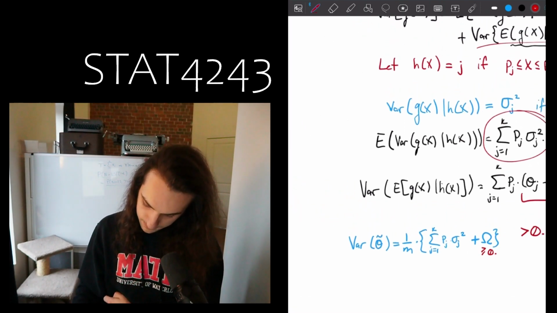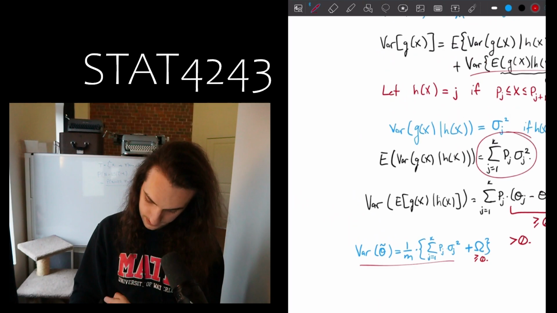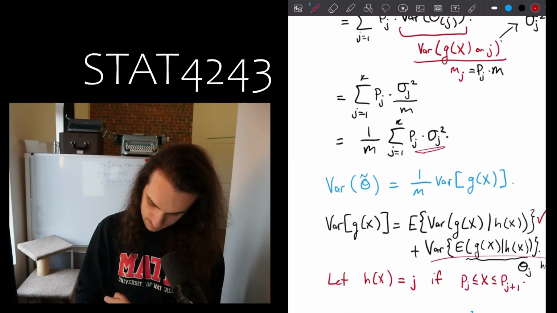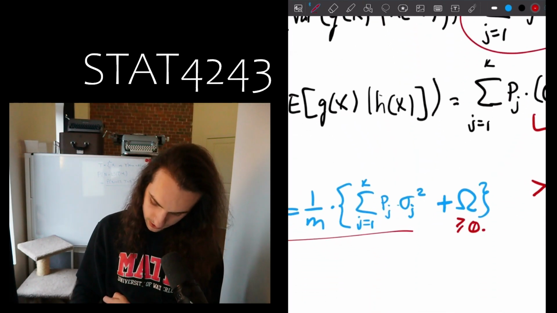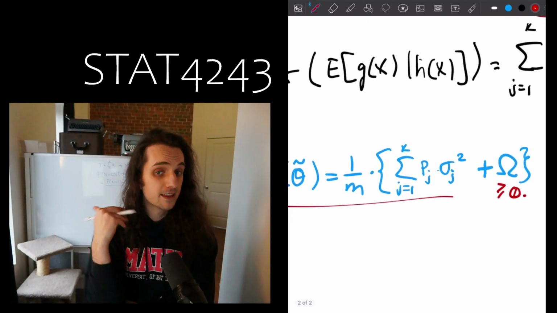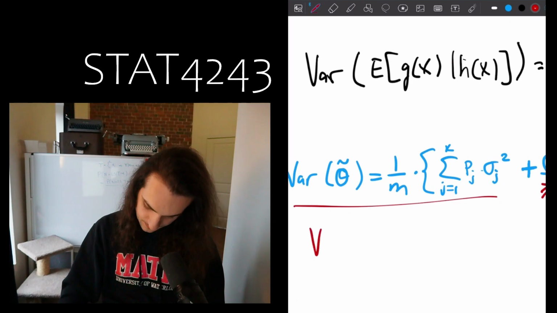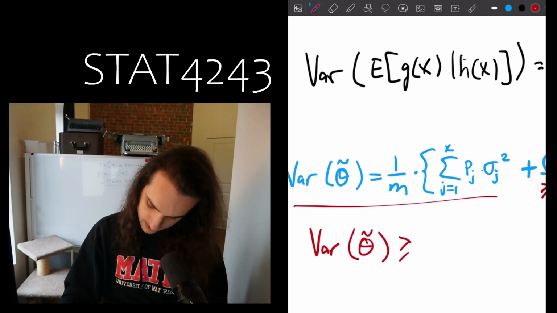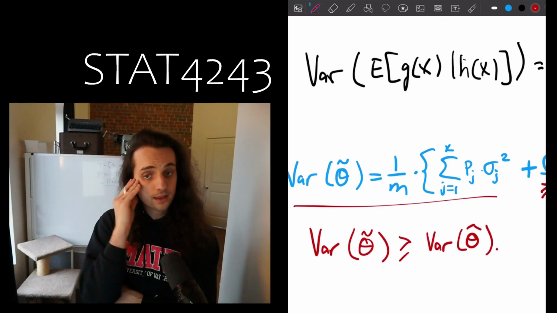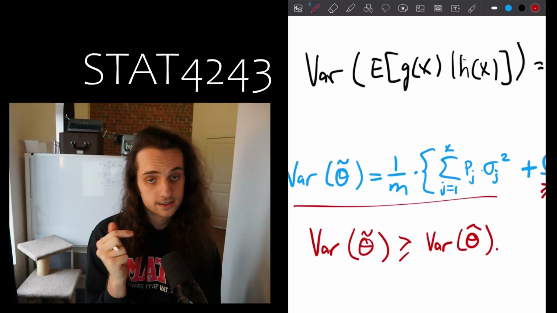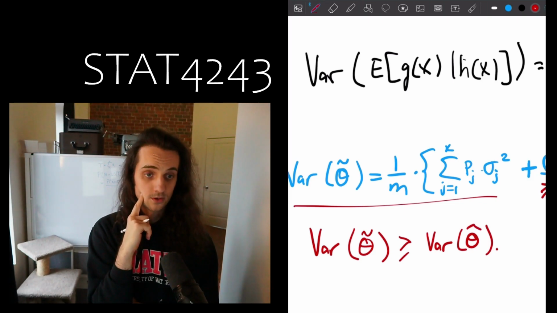If we compare this expression to this expression, this first term is exactly that variance that we found, and then we're adding on something greater than 0. In other words, the variance of theta tilde is going to be greater than or equal to the variance of theta hat, and the only way they're equal is if we have a constant function across the whole path.